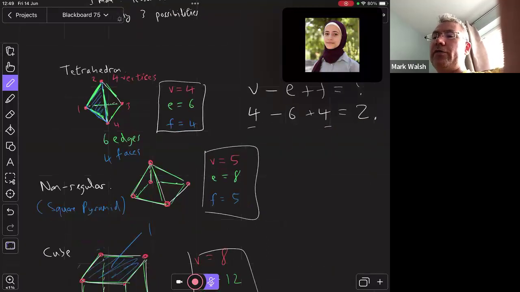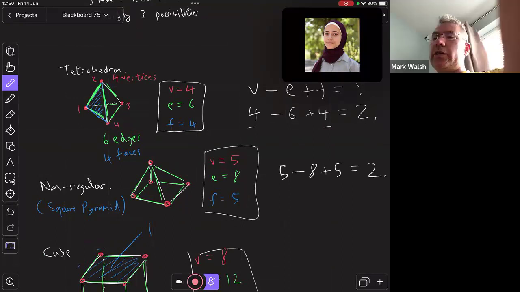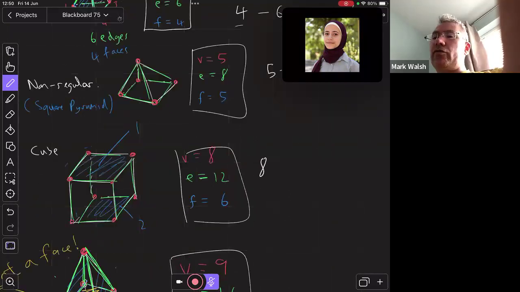What is it in this case? 5 minus 8 plus 5. Also 2. What is it in this case? 8 minus 12 plus 6.